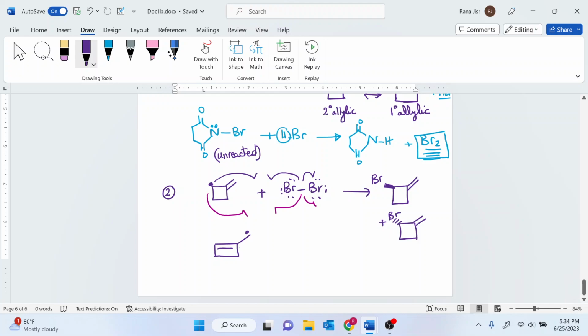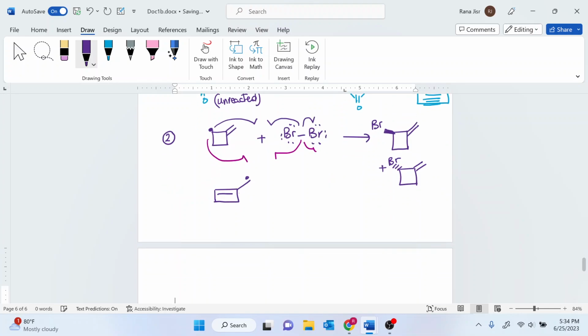So you have to list all the products in there. There is no preference of a major product with these allylic systems. So plus a bromine over here. Here I'm not generating a chiral center, so I don't need to bother. Here you go. So I'm going to end up getting just one product in this case, which is the bromine.